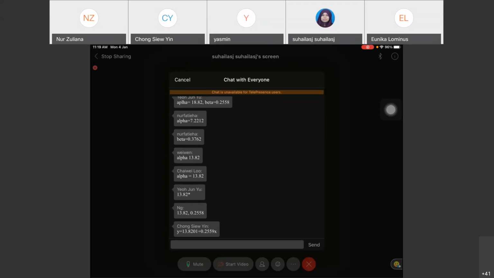Please double check. Your beta, your slope, can be around 0.2558 or 0.2559, it depends on how you take 4 decimal points. And then your y equals 13.8201 is correct. Okay.